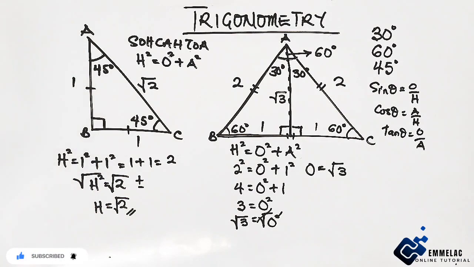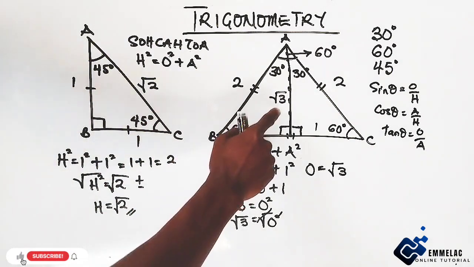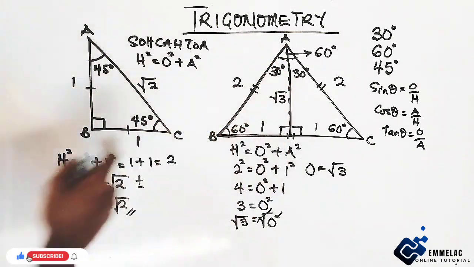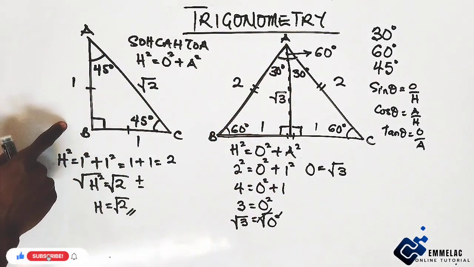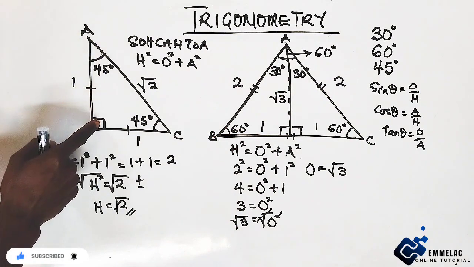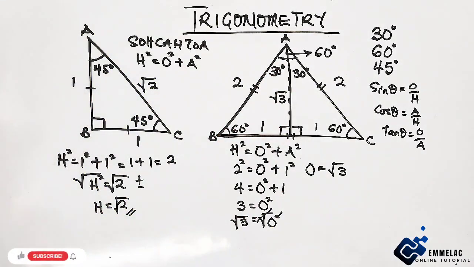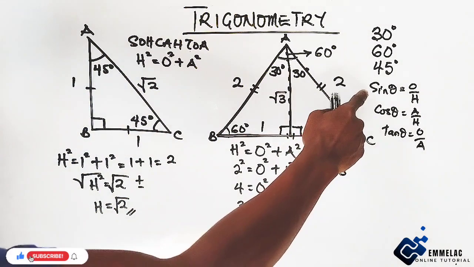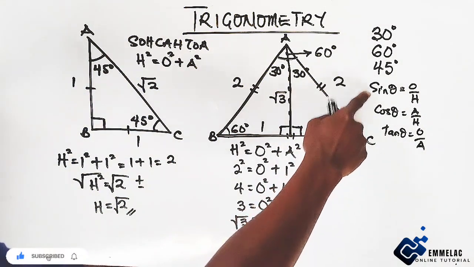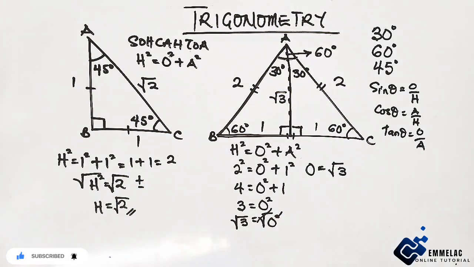Okay, now that we've established the values of the sides of the triangles that contain the 45-degree, and the 60 and 30-degree of a right angle triangle, let us now establish the values of sine theta, cos theta, and tan theta.